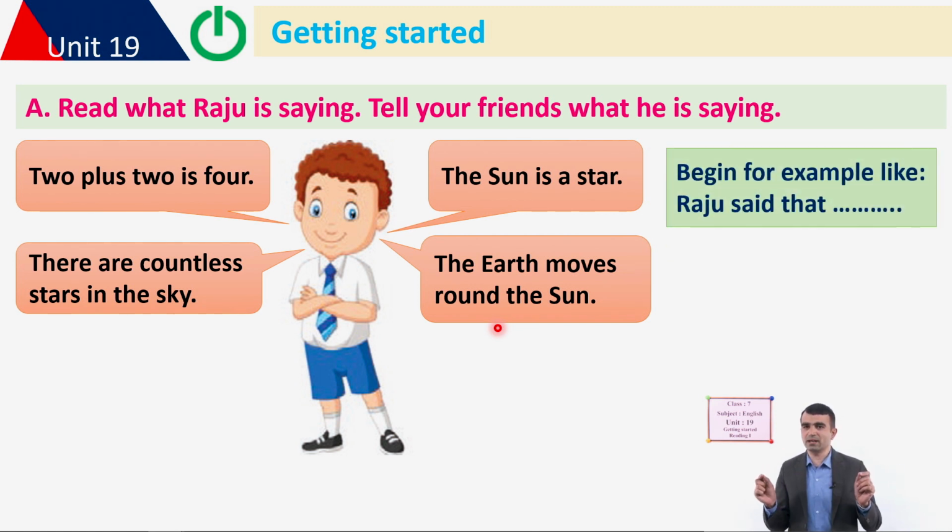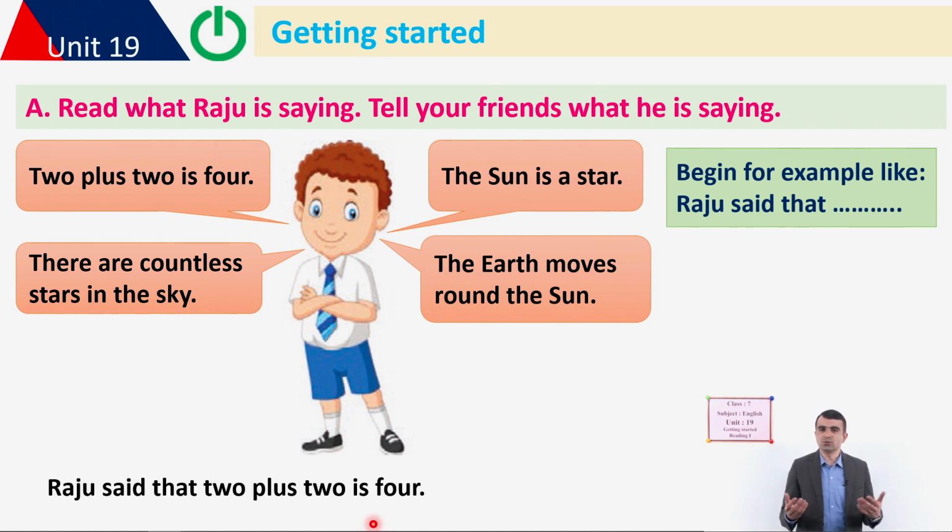Begin, for example, like that is given in your book, isn't it? Raju said that. What then? What Raju said? 2 plus 2 is 4. So, what do you write or say? So, Raju said that 2 plus 2 is 4.